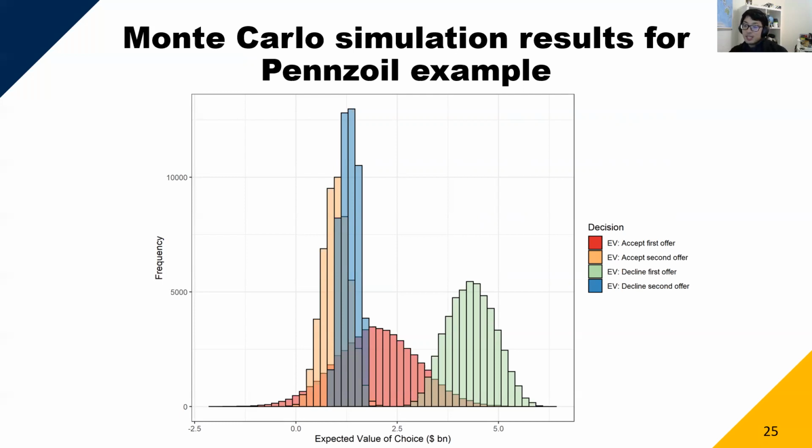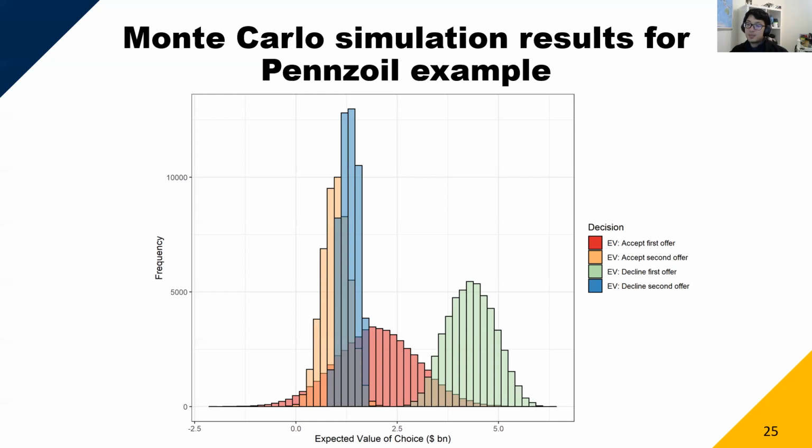Let's just look at the first offer. That's going to be my green and my red. You can see the distribution of values based off of the information that we have in our inputs.